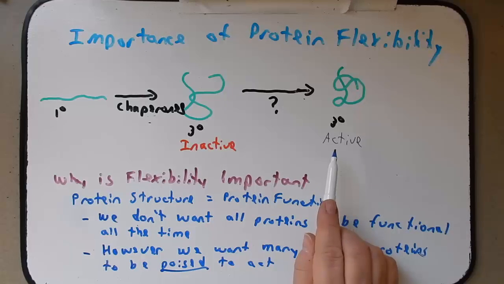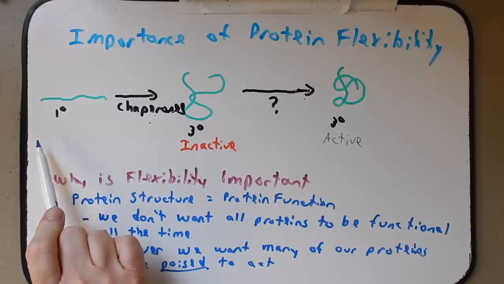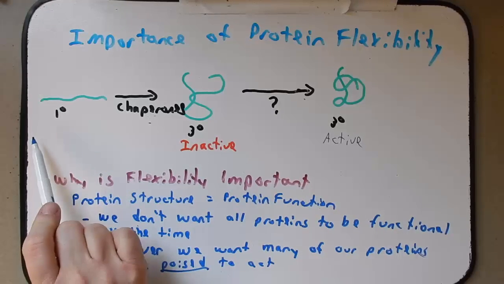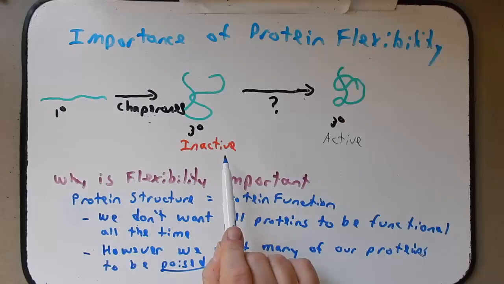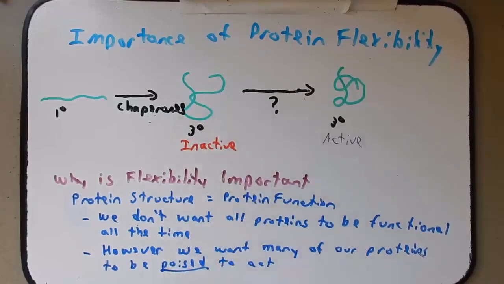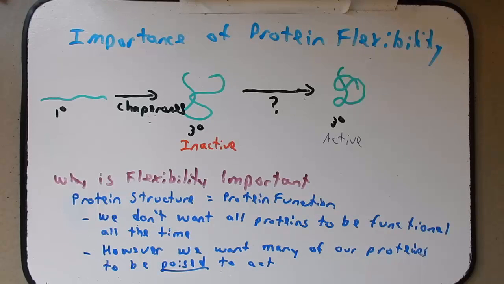Much quicker to do it that way than to go all the way back to the gene that's not even shown on this board and create the protein and then fold it every time you eat a meal. It's much more efficient to have this inactive protein present and then to activate it in just one step once you eat a meal.